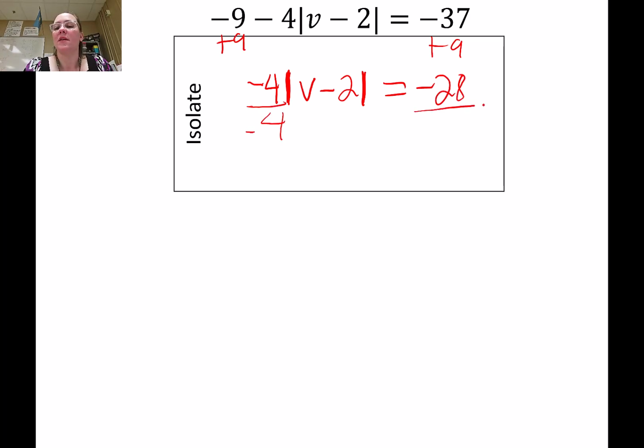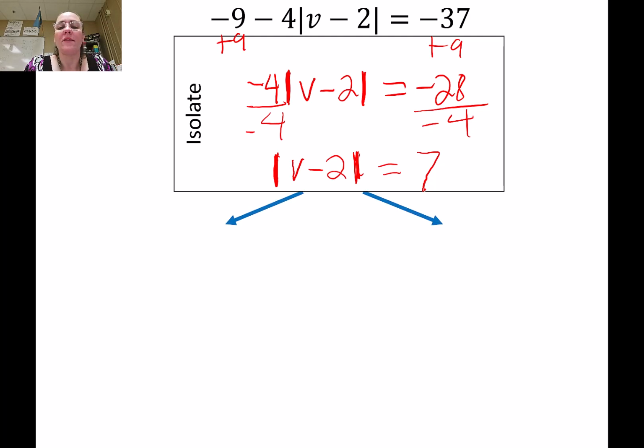Divide both sides by a negative 4. And I get the absolute value of v minus 2 is equal to 7.